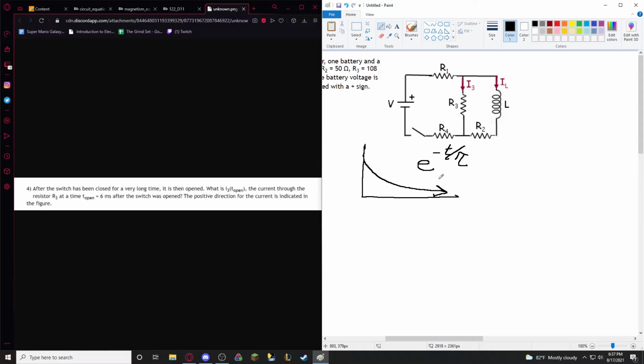I3 and IL are going to be the same thing. So we know I3 is going to start at a maximum and decrease as a function of time with e to the negative t over tau. How do we actually find tau, and how do we find the initial current, the constant I naught out front? Those are the two things we need, because we know how long it's been. We're looking for the current 6 milliseconds after the switch is opened.